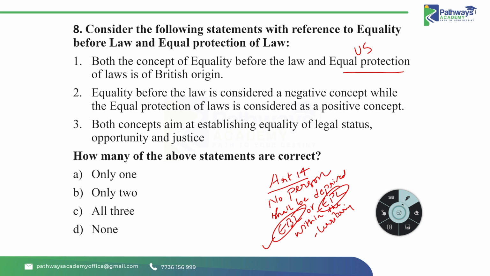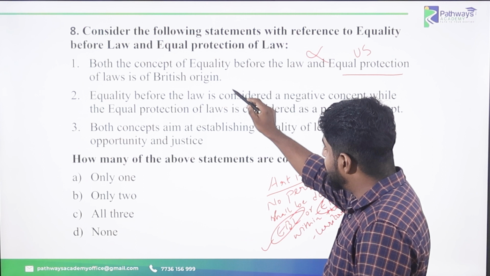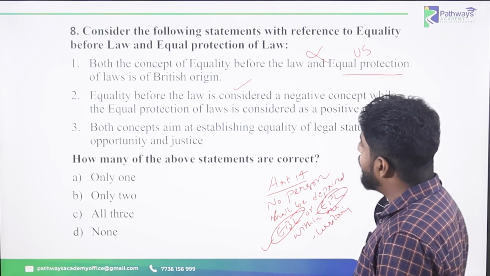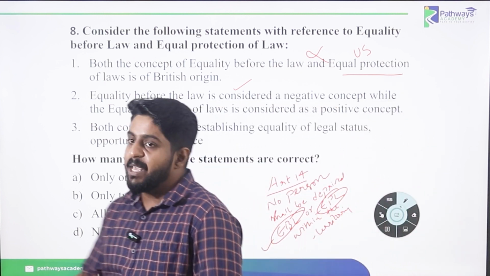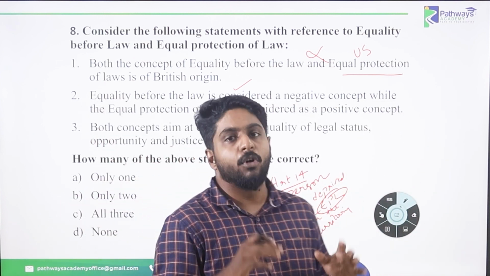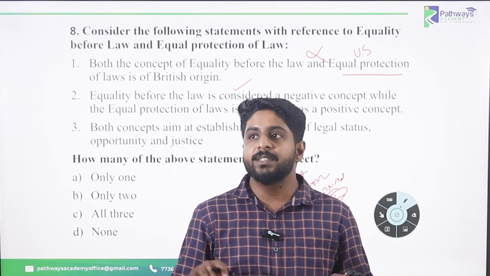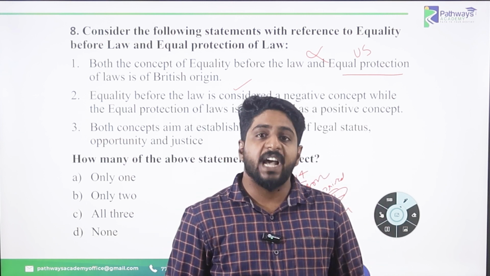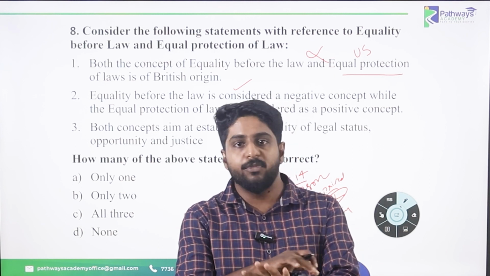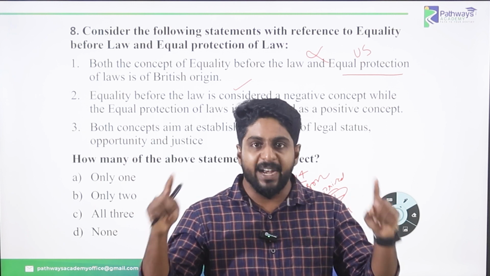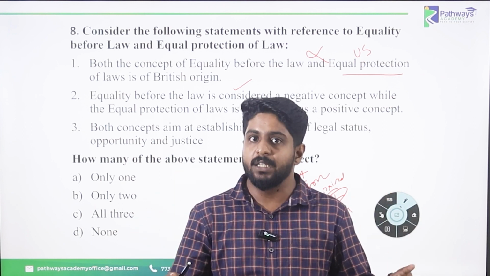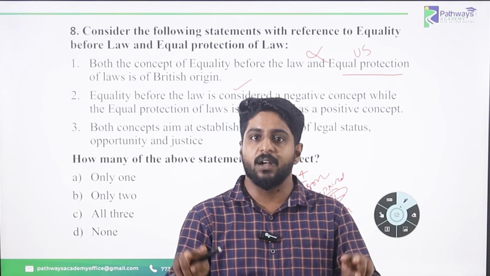Equality before law is considered as a negative concept and equal protection of law is considered as a positive concept. Now, this statement is wrong and this statement is right. What do you mean by equality before law? Equality before law means the law is the same for all, or the application of law is the same for all. Imagine two individuals, one mentally unstable, one mentally very stable, both of whom have committed a kidnap.